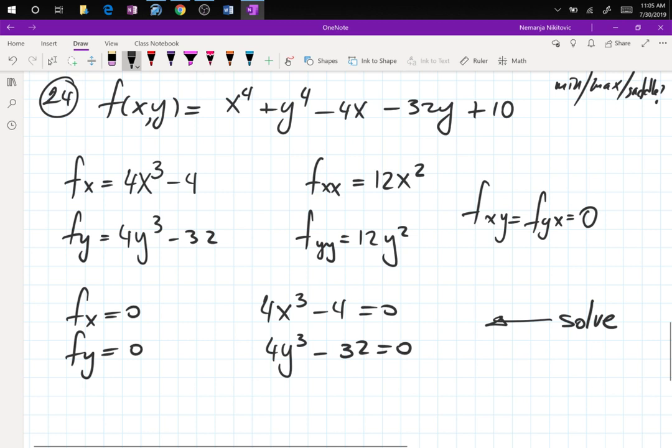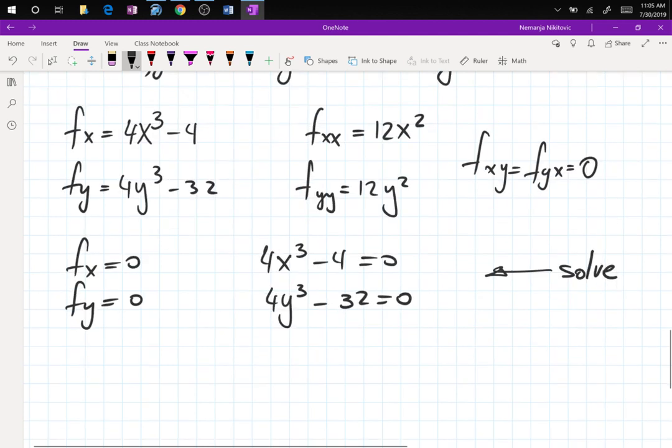Sometimes you have linear equations, sometimes you have nonlinear. These are nonlinear equations. Now the good thing is that these equations are not coupled, which means that one will have its own set, the other one will have its own set of solutions, and you just combine the points you get.